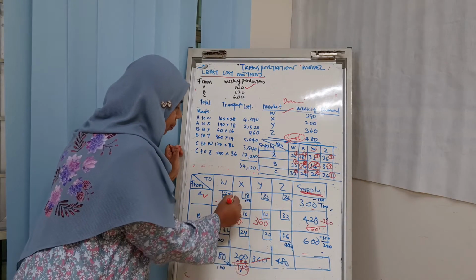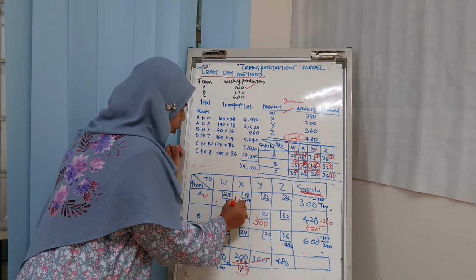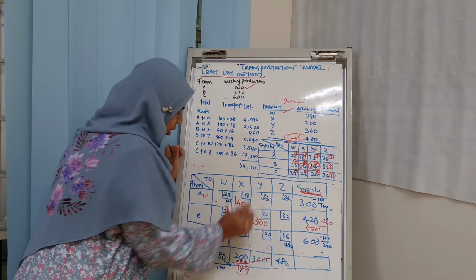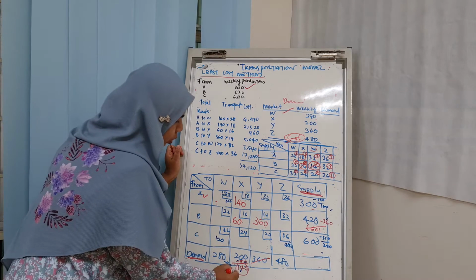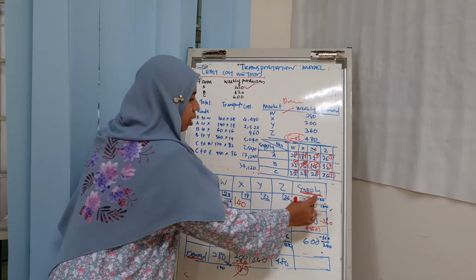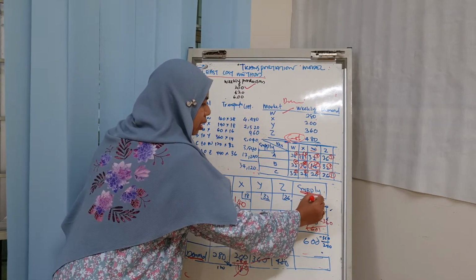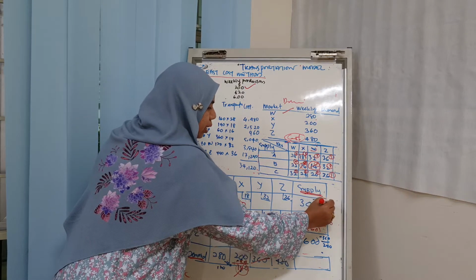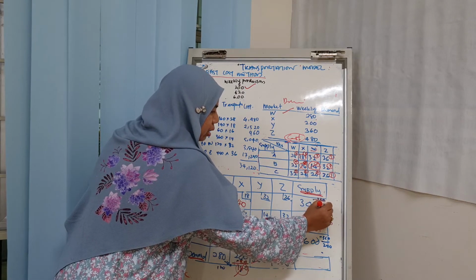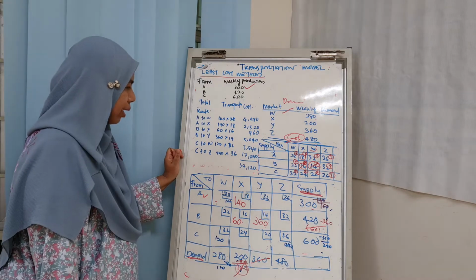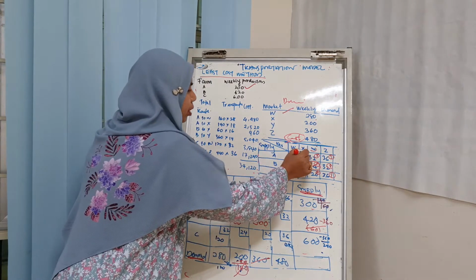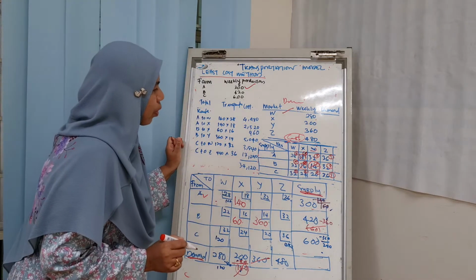So you just put 140 here. This one is settled. Now 300 minus 140, you will get 160. Number 3 is finished. Number 4, what is number 4?